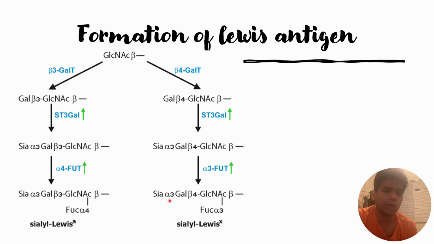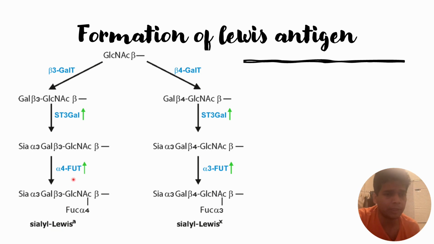This structure is commonly known as sialyl Lewis X as fucose is bonded by the alpha 3 bond. However, when the fucose is bonded by the alpha 4 bond, then this structure is known as sialyl Lewis A structure.